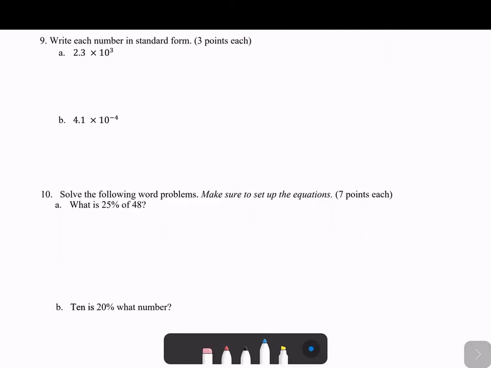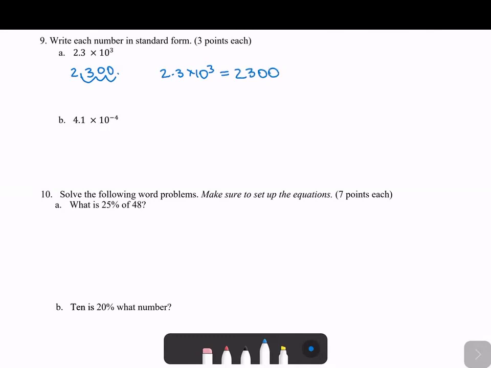Okay, another scientific notation question. So we want to write each of these numbers in standard form. So to do that, it's just moving the decimal place. So remember, positive exponents correspond with moving the decimal to the right. So we move the decimal place 1, 2, 3 spaces. So we have 2.3 times 10 to the third is 2,300.